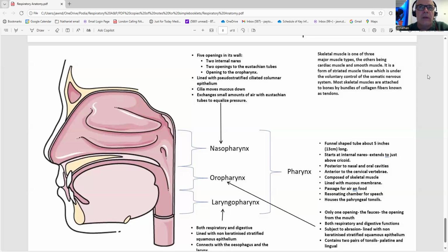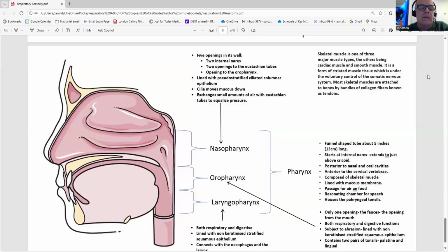So we're going to start with the airway, which obviously starts at the mouth and the nose. But if we go from top down, let's start with the nose. As you can see from this diagram, this is a side view of the nose, and it's got some very important functions, as well as allowing you to smell and to breathe.